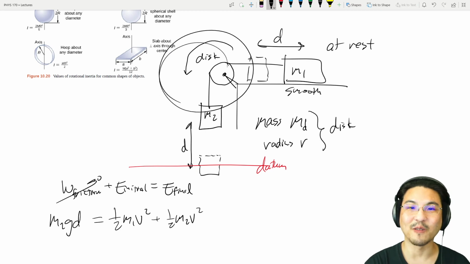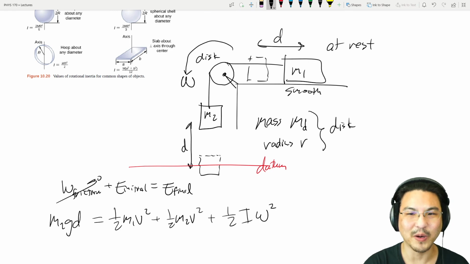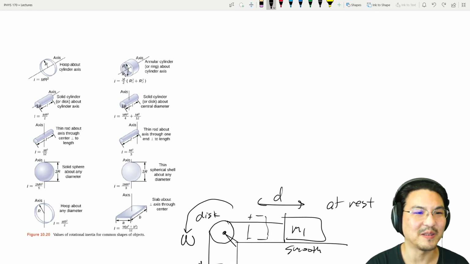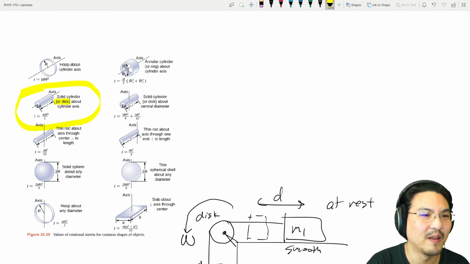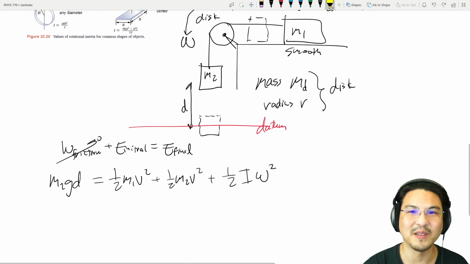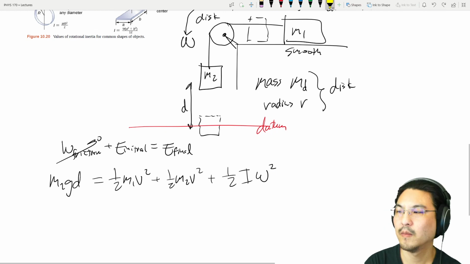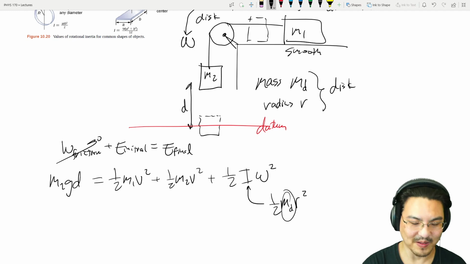The disk was at rest, now it's rotating with some angular velocity, so it has kinetic energy, how much? 1/2 I omega squared. Okay, what is I? We just look over here, so it's a disk. So you see right here, disk, this one right here, 1/2 m r squared. So for the pulley, this is 1/2 m r squared. And we know the mass of the disk and we know the radius.